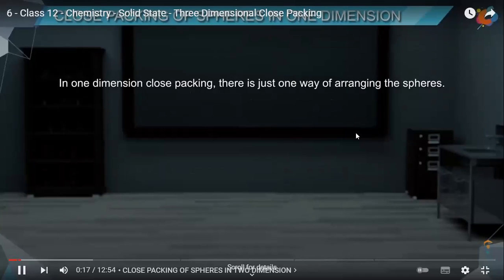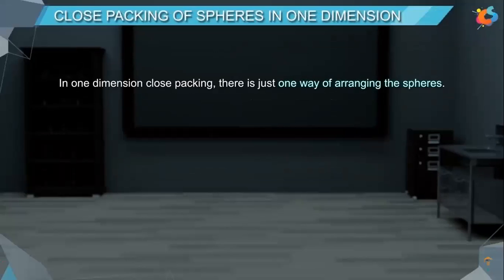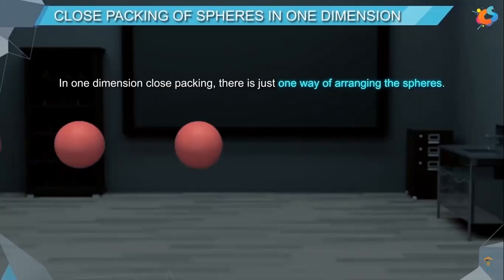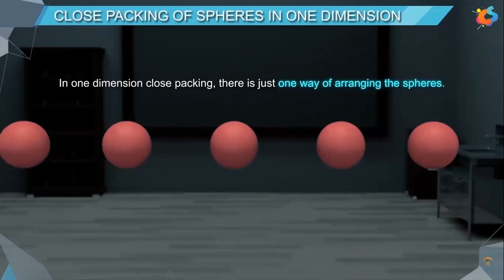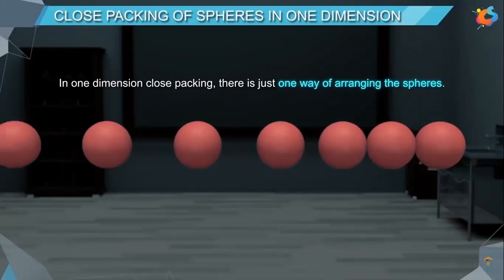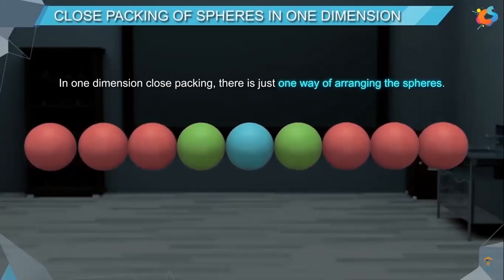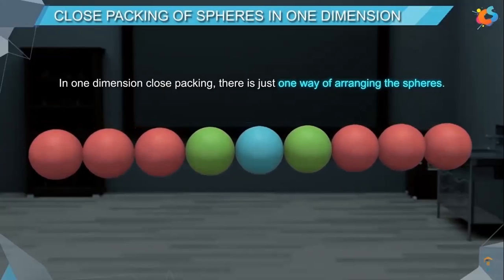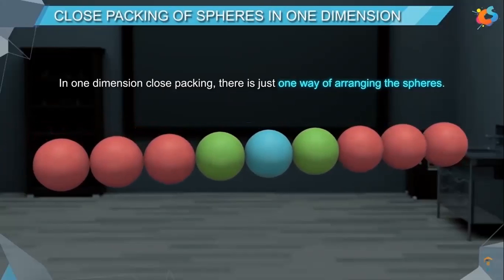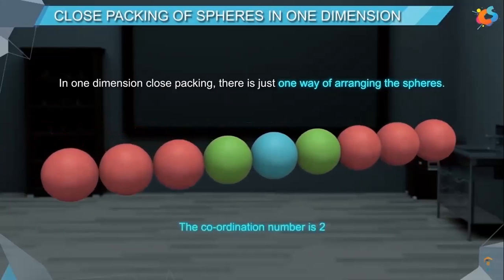In one-dimension close packing, there is just one way of arranging the spheres. Here, the spheres are arranged in a row touching one another. As a result, each sphere is in contact with 2 neighboring spheres. Thus, in one-dimensional close packing, the coordination number is 2.